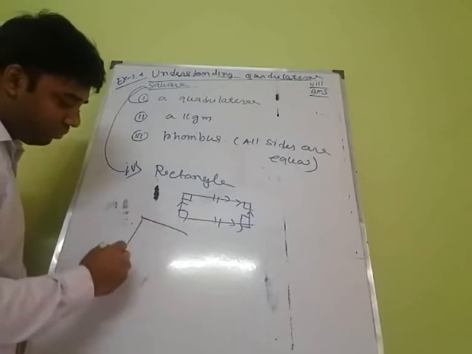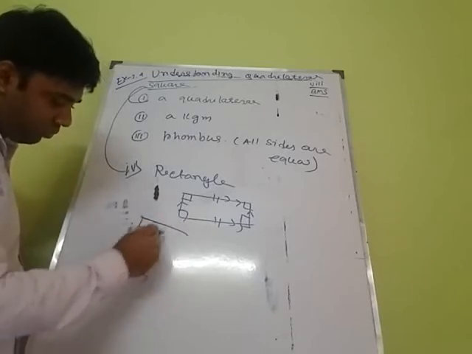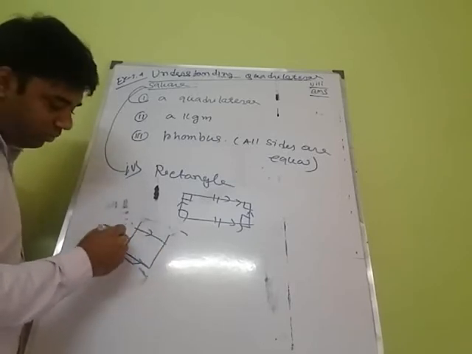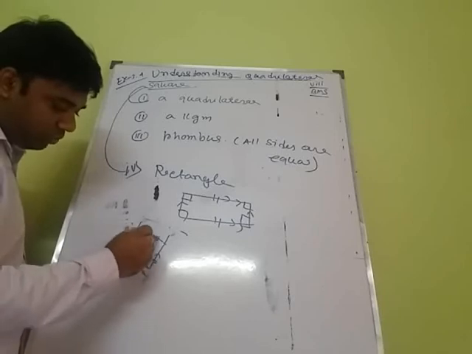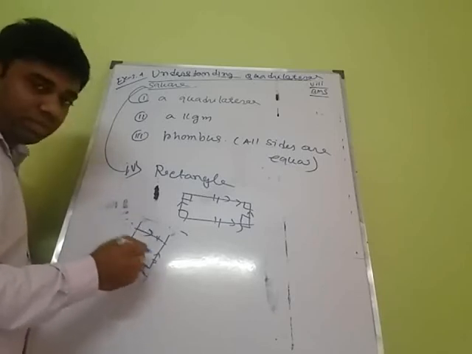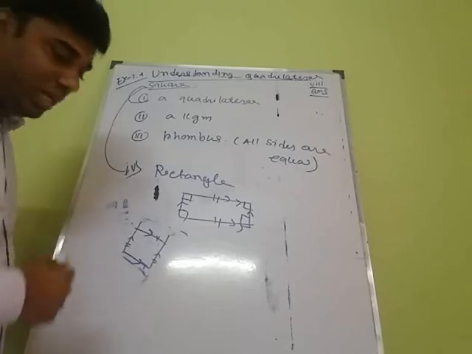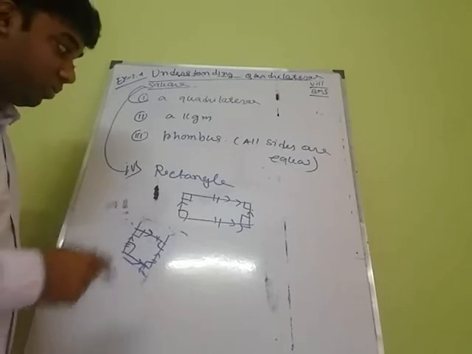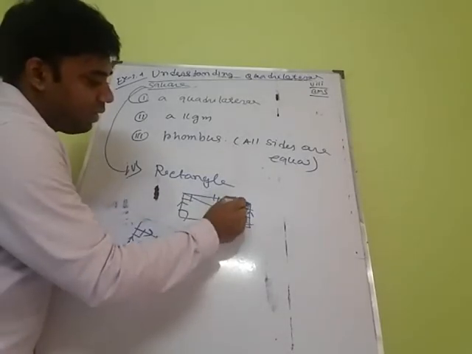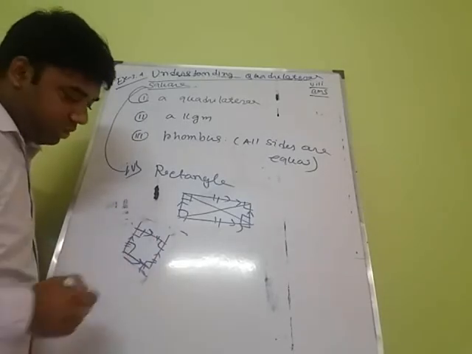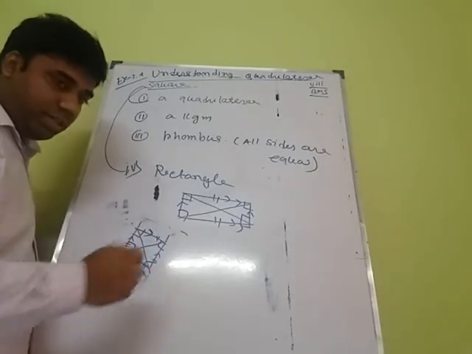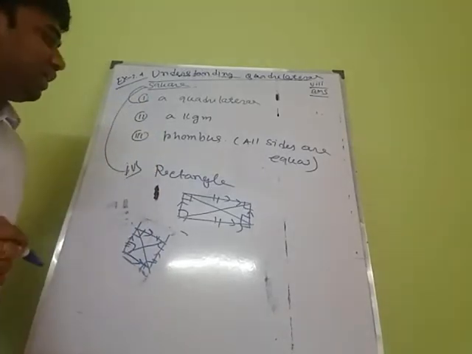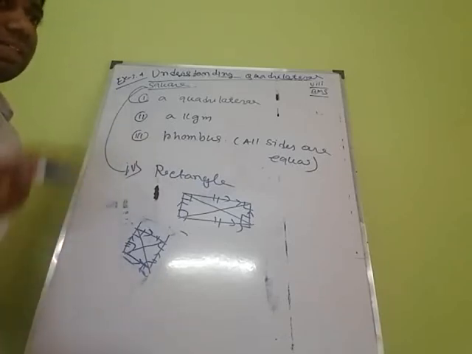In a square, these two sides are equal, these two sides are equal, these two sides are parallel, these two sides are parallel. It means opposite sides are parallel and equal, and angles are 90 degrees. Another property matches too: a rectangle has equal diagonals, and a square also has equal diagonals. In this way, comparing the properties, you can say a square is a rectangle.